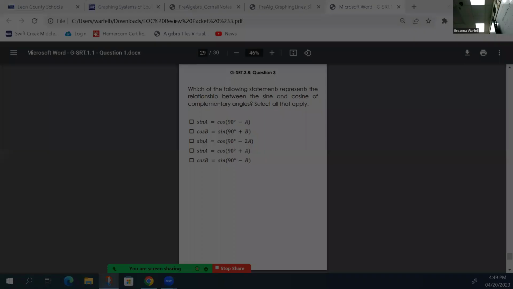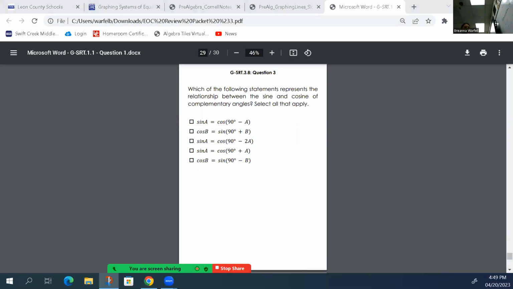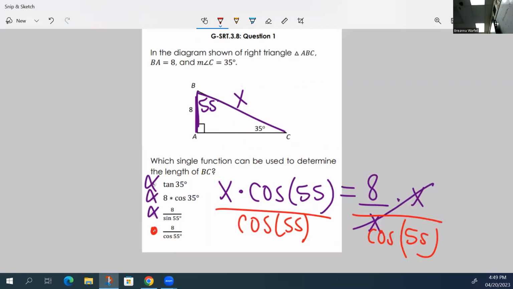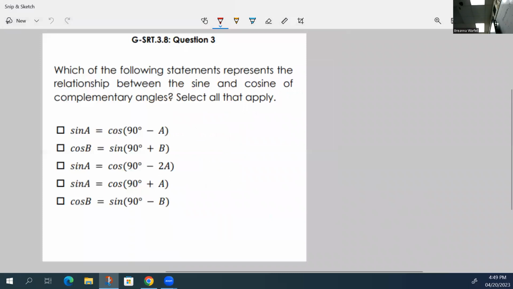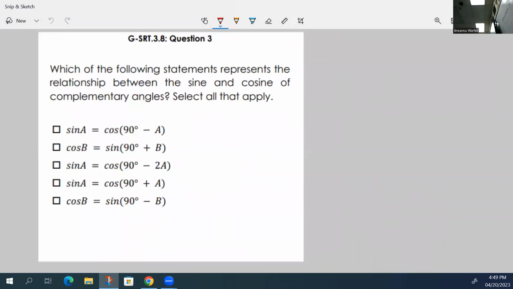Okay, so this one's really confusing. Which of the following statements represent the relationship between sine and cosine? Okay, so this isn't in your notes. I probably should have done this, but do you remember talking about sine of A is equal to cosine of B?